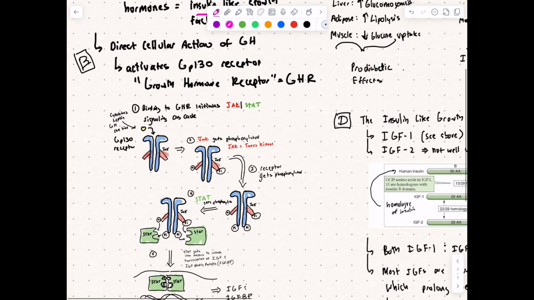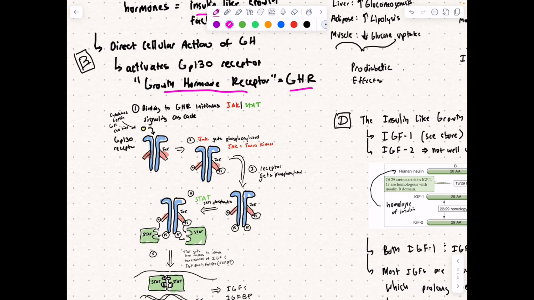How does it actually do that? Well, it activates another receptor, so GP130, and otherwise known as just growth hormone receptor, GHR.